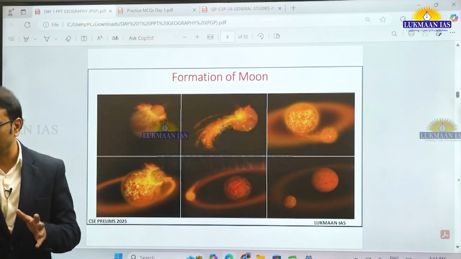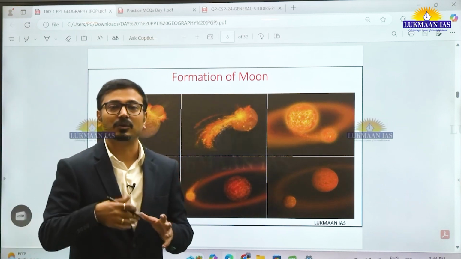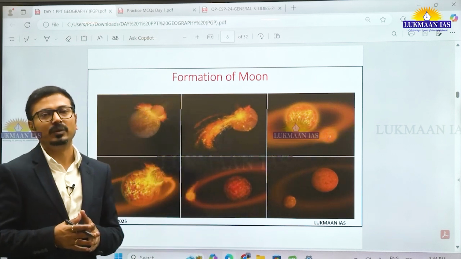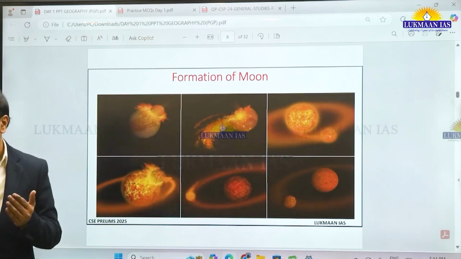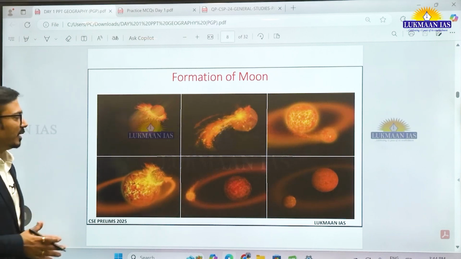This is called tidal locking: rotation around its own axis and revolution around the earth have the same time period, and that's why we see only one face of the moon from the earth.